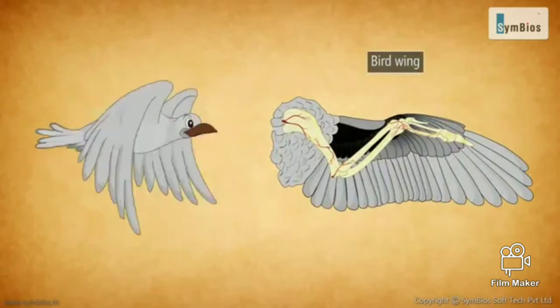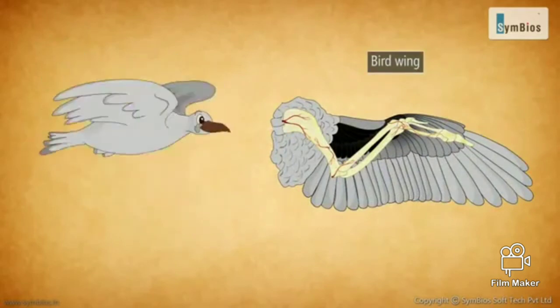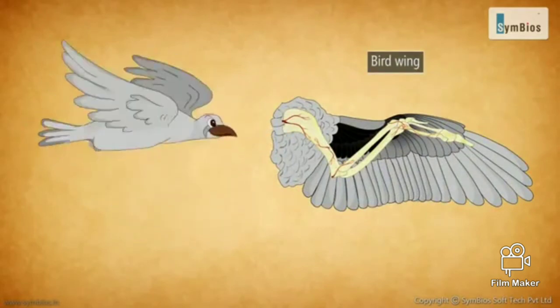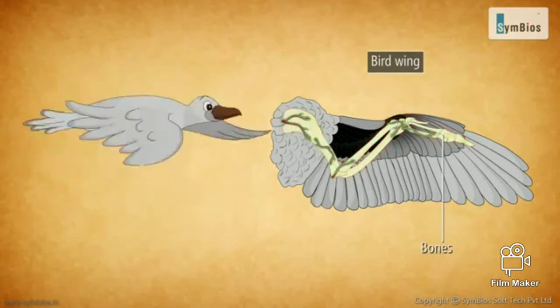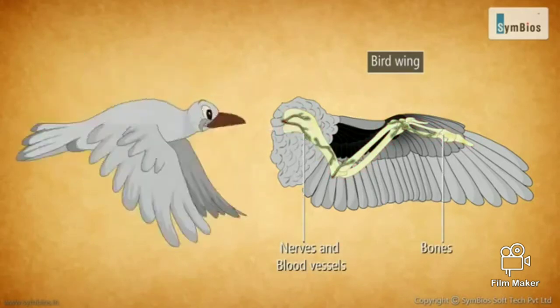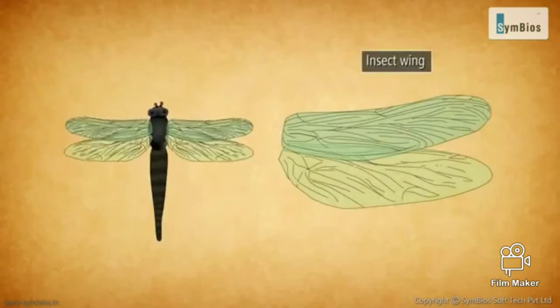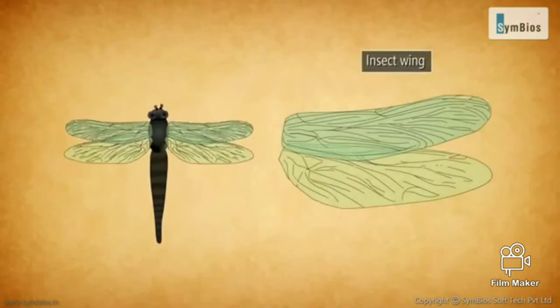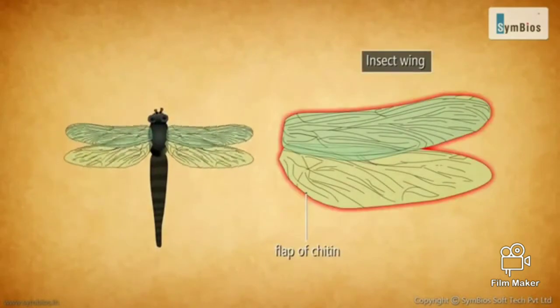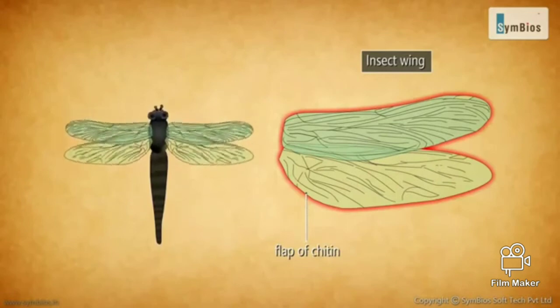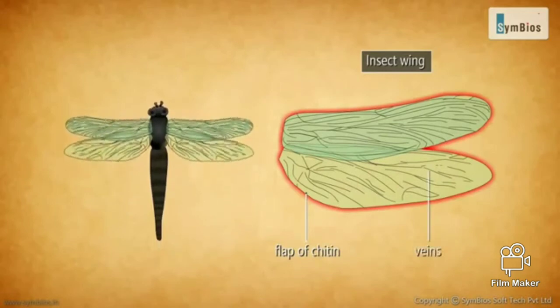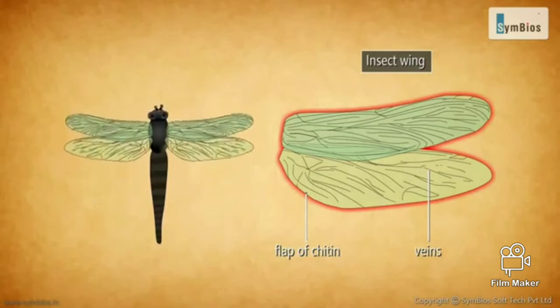The wings of birds are modified forms of forelegs and internally have bones, nerves, and blood vessels. But the wings of insects are membranous, made up of a thin flap of chitin supported by hollow tubes known as veins.